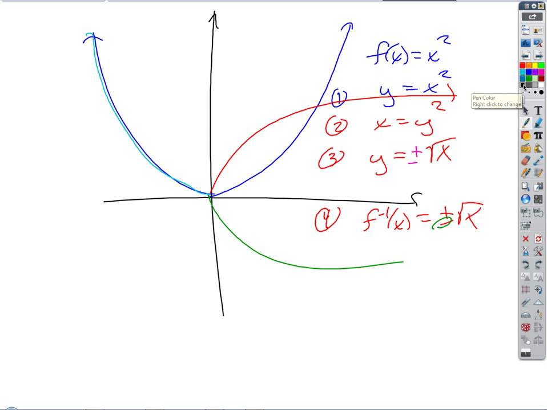So what's the domain of f of x? The blue function. What's the domain of the whole blue function? Is there any restriction on the domain? No. It just goes forever, right? All reals?